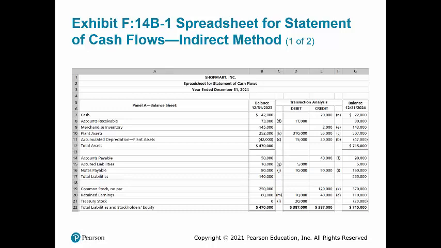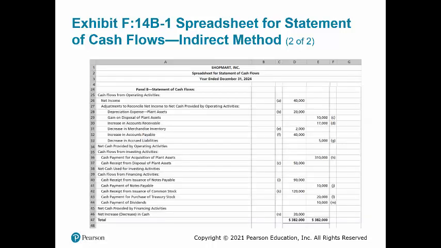So when we go to the next slide, we're going to look for the entries that correspond to the $40,000 increase in retained earnings, which is A, and then the entries that correspond to the $10,000 decrease in retained earnings, which is labeled M.